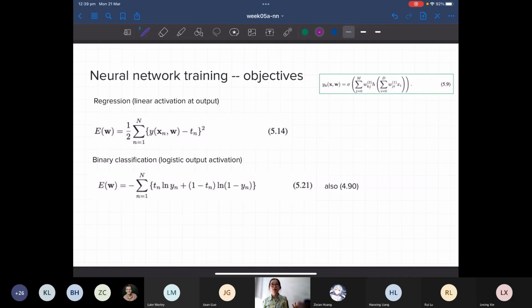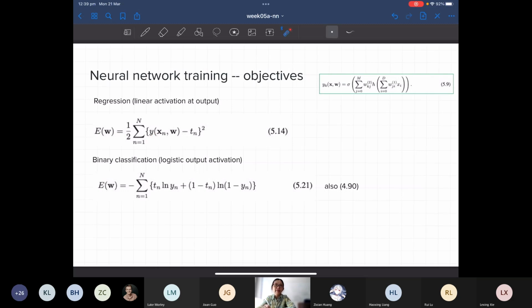Well, building upon what we have been practicing a lot in chapters 3 and 4, here is a regression objective with linear activation unit at the output. It's basically, right, so we define this y of x comma w function according to 5.9 as basically this 2-layer neural net thingy. And subscript k corresponds to the k-th output unit, which we'll get to in a minute.